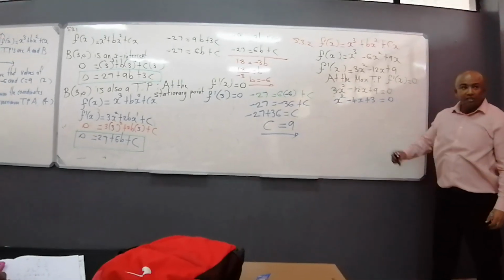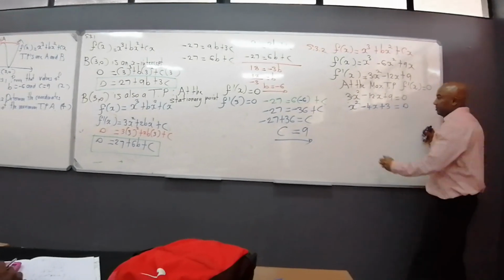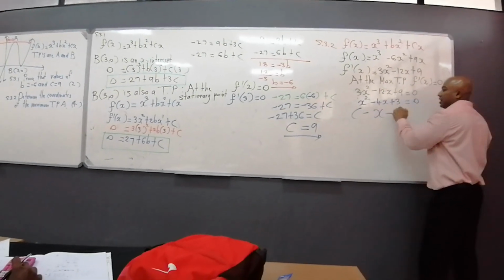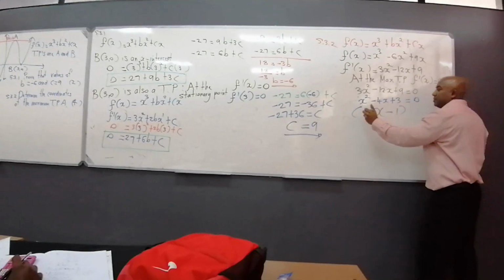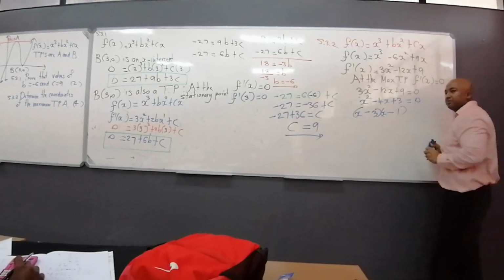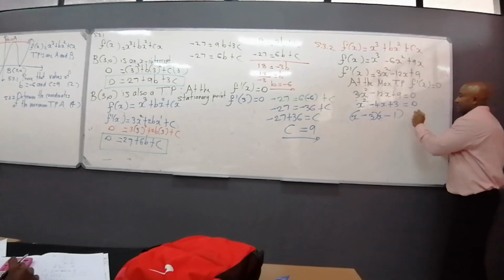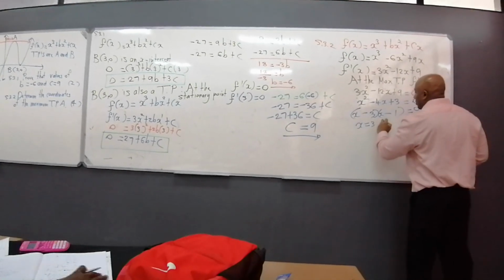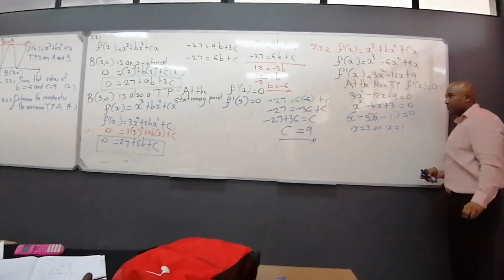Easy trinomial to factorize. So minus plus will be minus minus. 3 can only be 3 times 1. x squared can only be x times x. So the factors, x is equal to 3 or x is equal to 1.